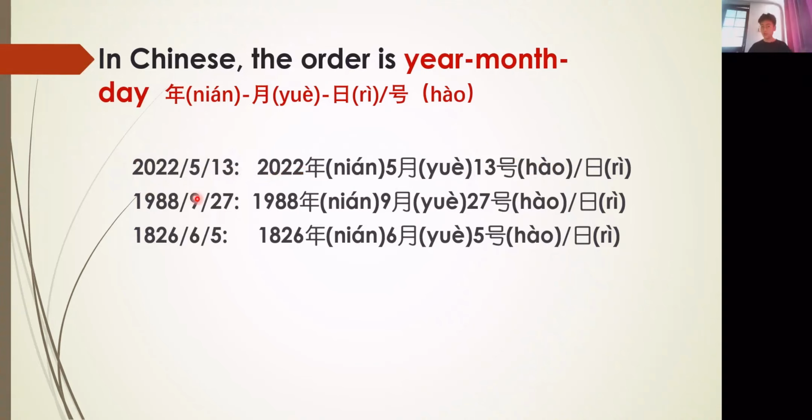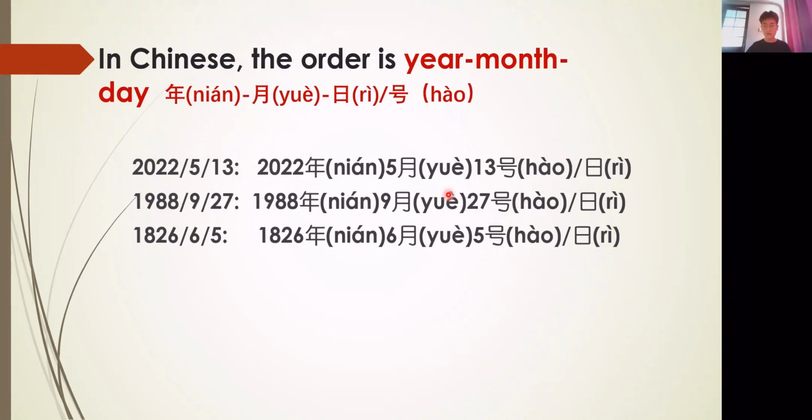So what about this one? Have a try. The same thing, right? So first we say the year is 1988年 and then the month is September, right? So 9月 and then 27th, 27号 or you can say 27日, right?